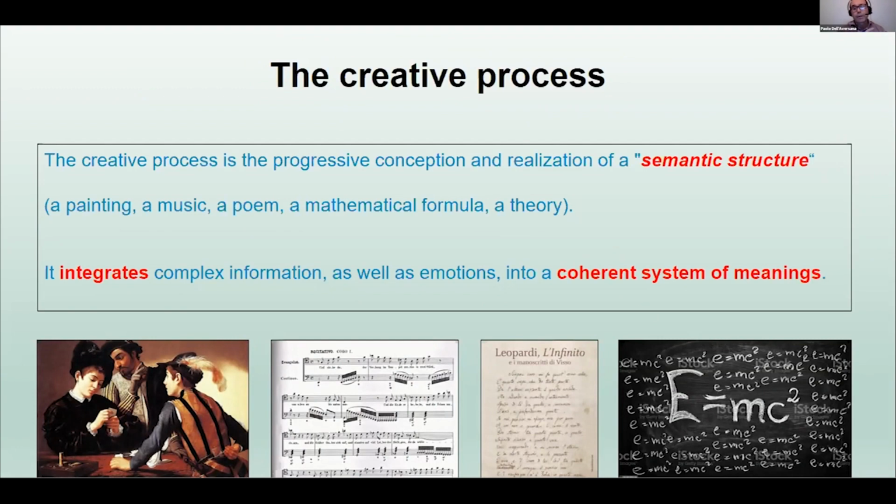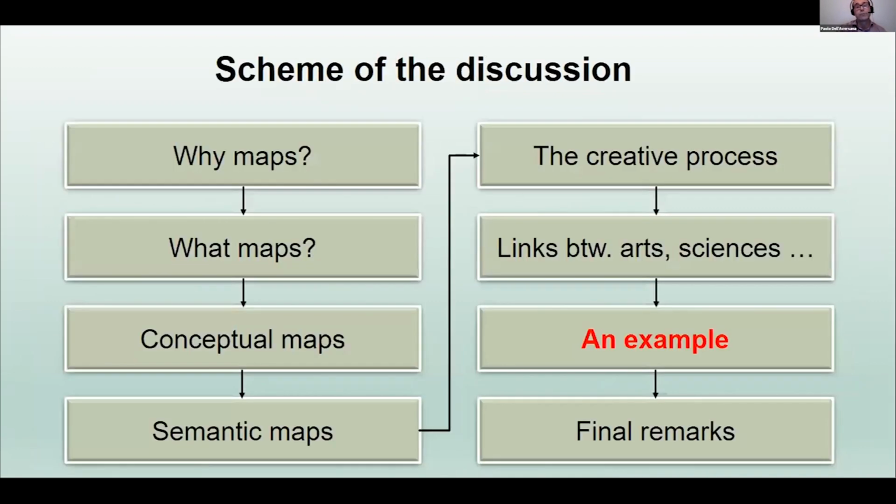So the creative process is a dynamic process that evolves towards a semantic structure that finally can be a poem, can be music, can be a song, but can be also a mathematical formula or a scientific theory. And this is the common background between art, science, technology, music, poetry, and so forth.